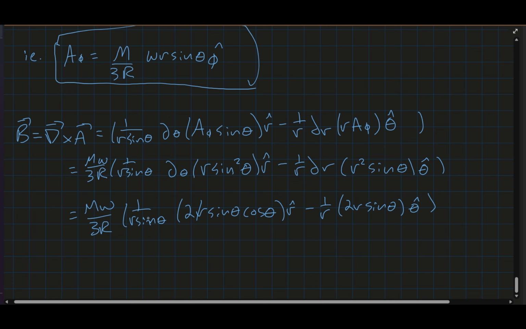So r cancels here, sine theta cancels here, r cancels here, and we get 2 cos theta r hat minus 2 sine theta theta hat.